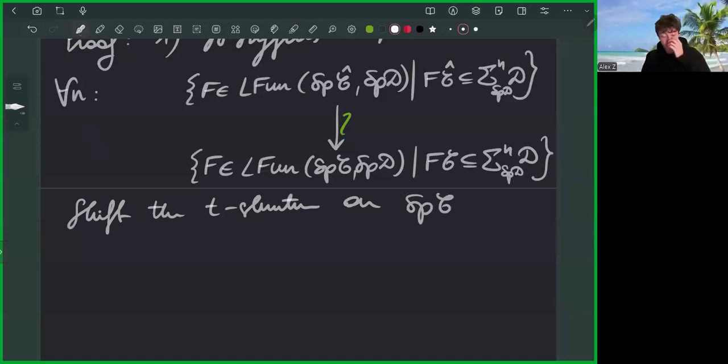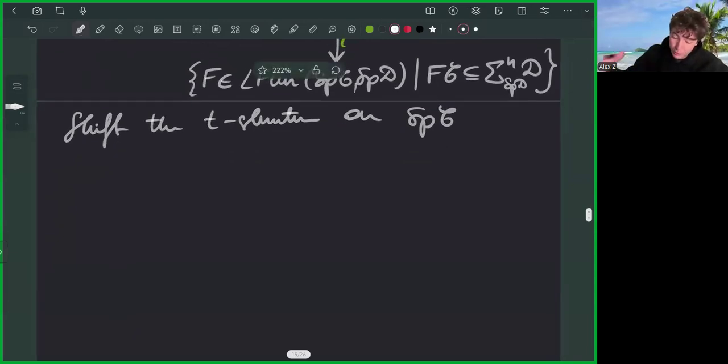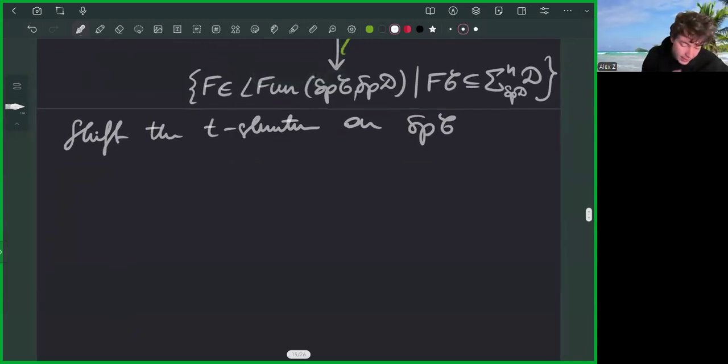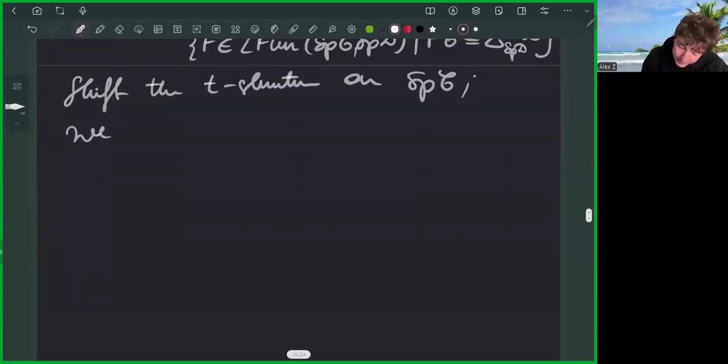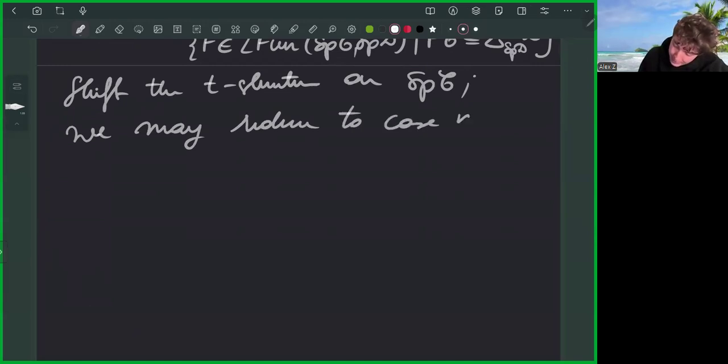We just apply the shift functor to everything, we shift the equivalence class of our core. Let's say we shift those full subcategories. Then we may reduce to the case n equals 0.